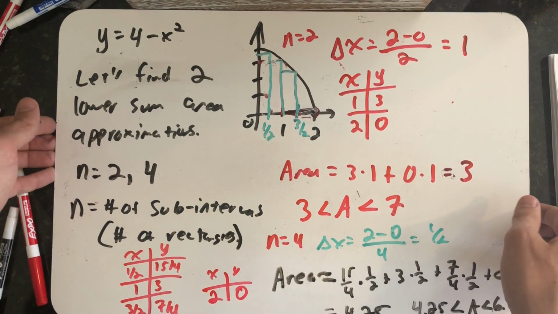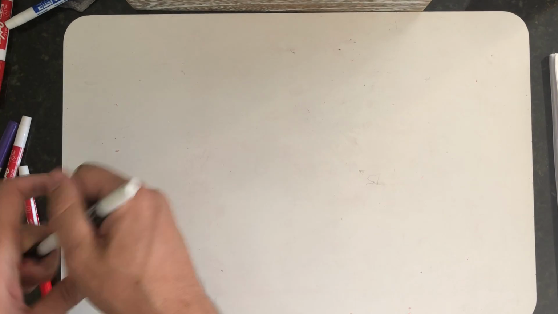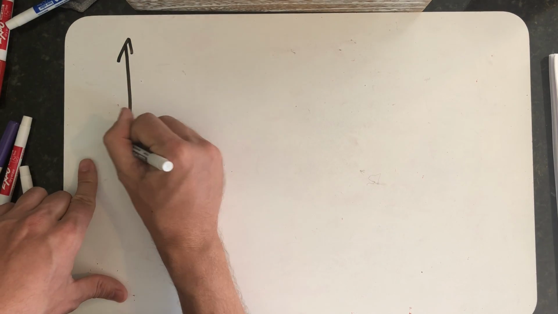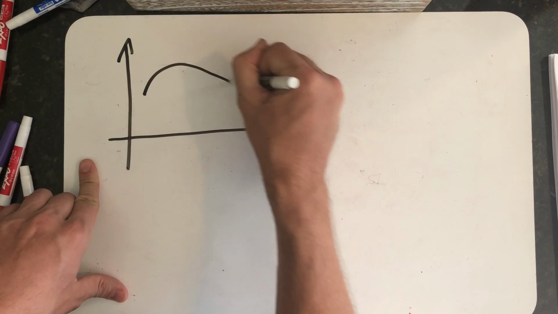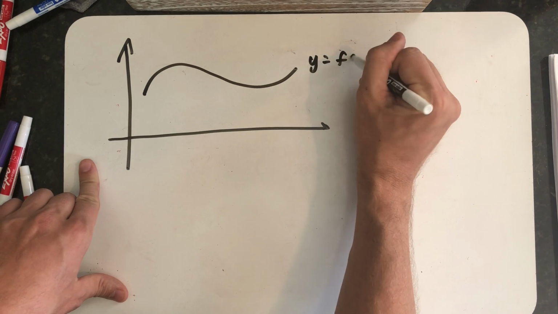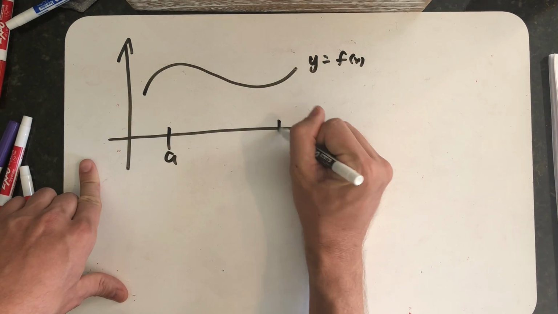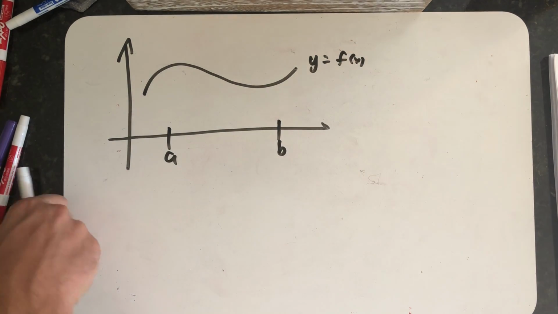All right, well, here at the tail end of the video, let's just think about some of the things we've seen. If I just had a function y equals f of x over an interval between a and b, I could ask these same questions.